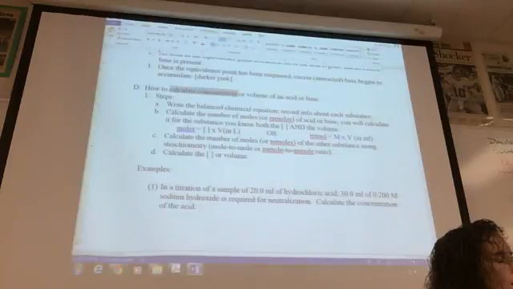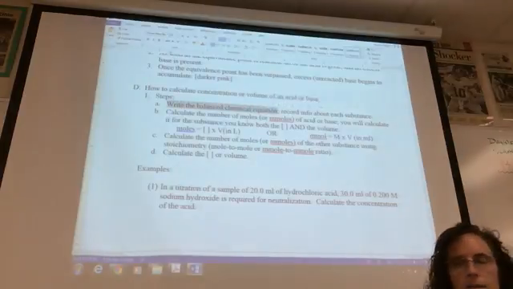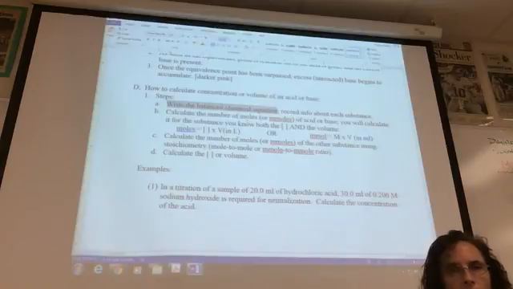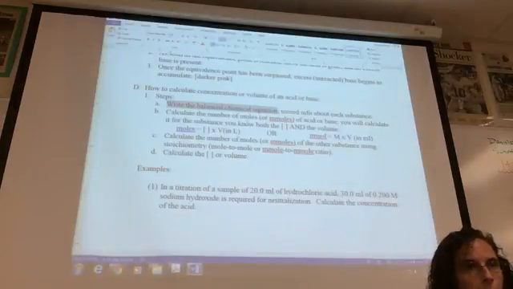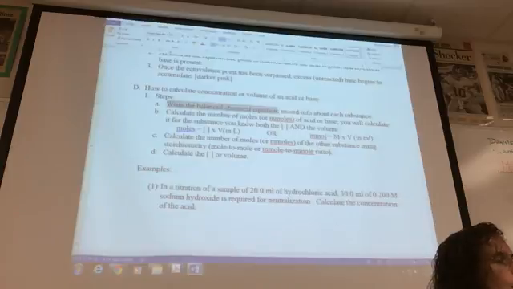When you want to calculate the concentration or volume of an acid or a base, the first thing you're going to do is write the balanced chemical equation. And that's why we went over neutralization reactions yesterday. I wanted you to master that concept first before putting it with additional ones.